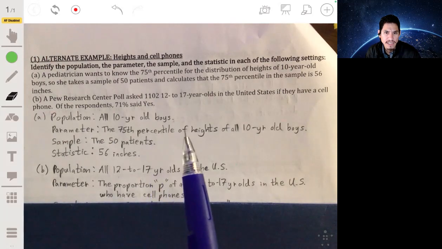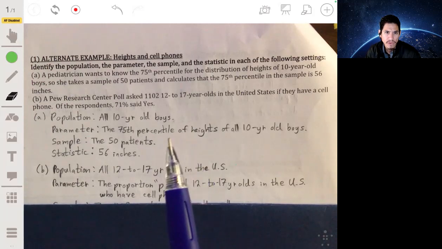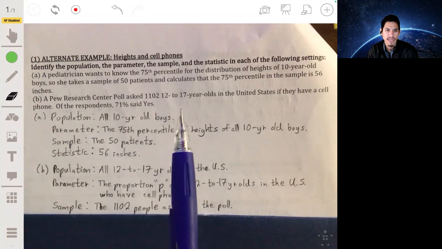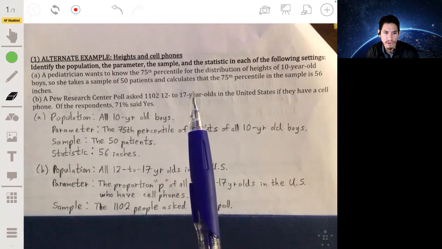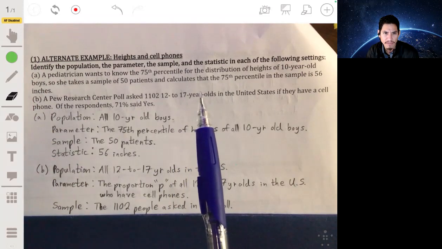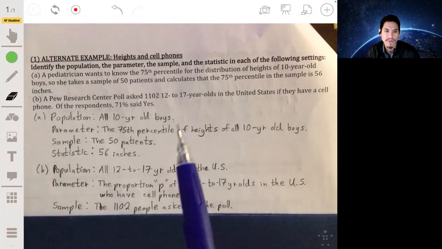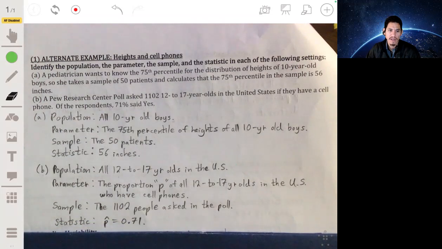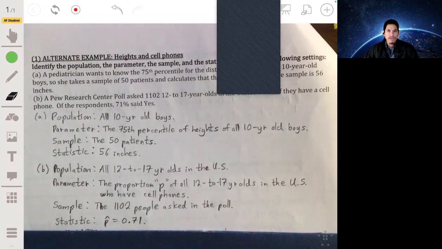The sample would be the 1,102 12 to 17-year-olds that they took data on in the poll. And the sample statistic would be p hat, which is 0.71. So there you go.